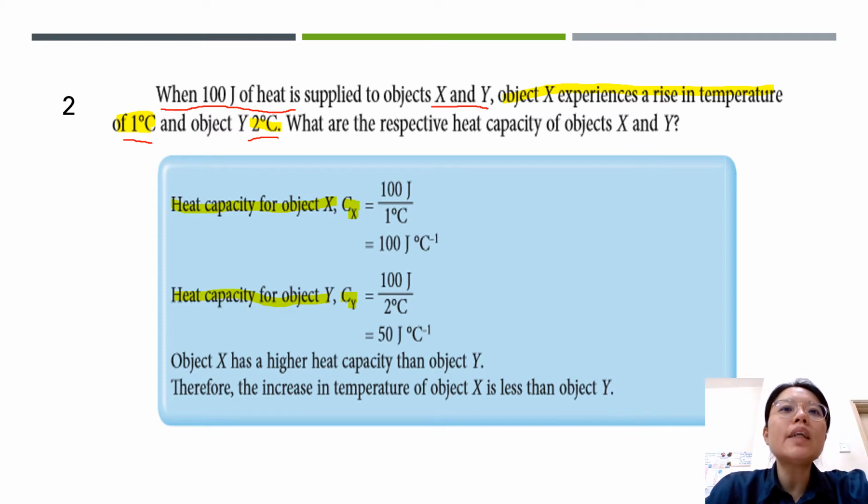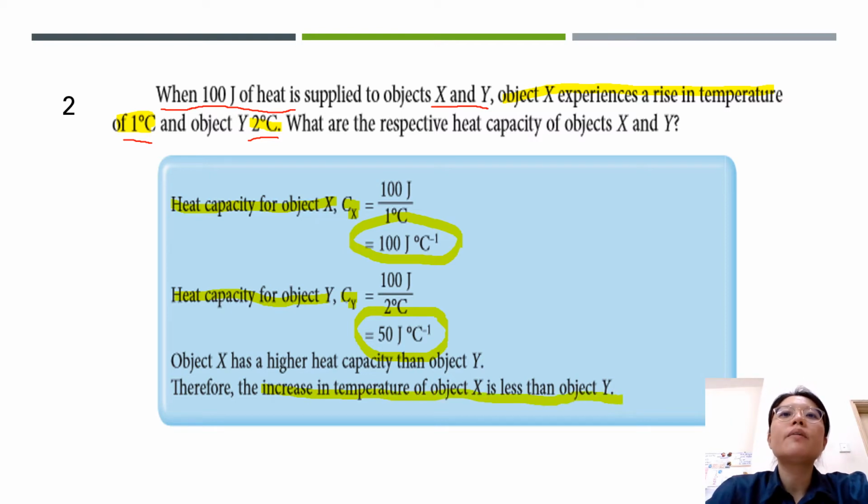We can say that object X has a higher heat capacity than object Y. You can see from here, 100 joule per degree Celsius is greater than 50 joule per degree Celsius. The conclusion is that the increase in temperature of object X is less than object Y.